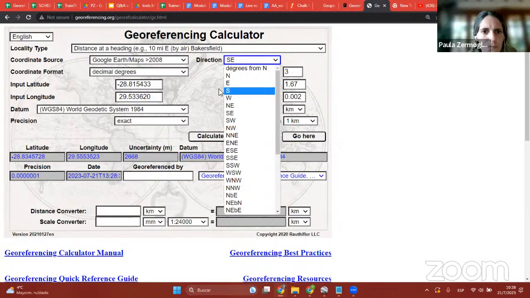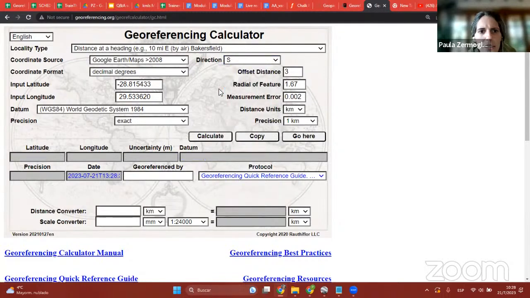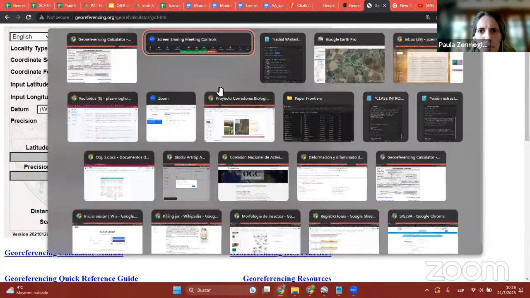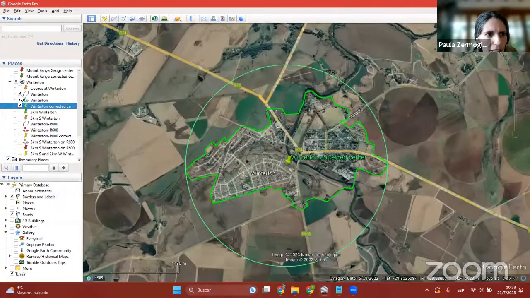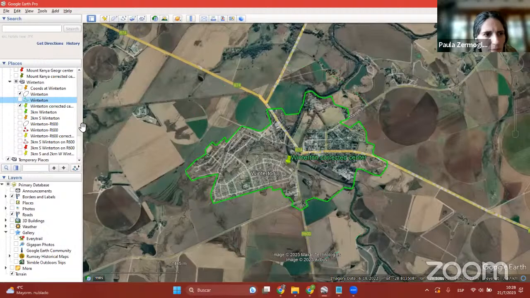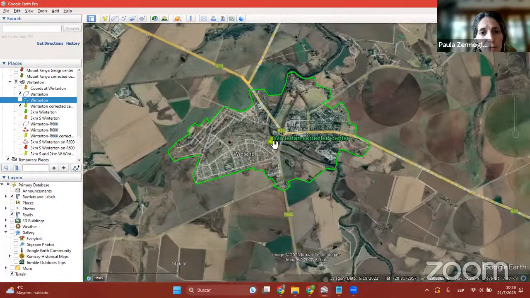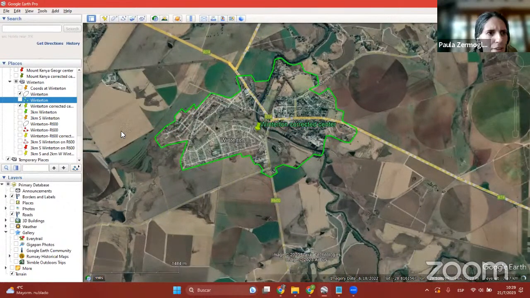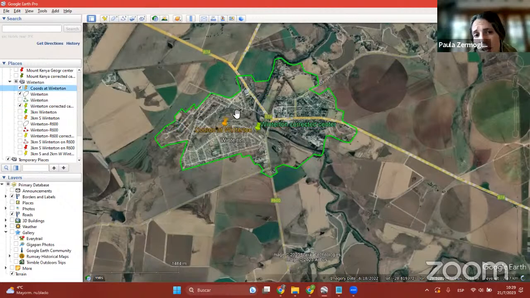So perfect. Okay, so just to look at it on the map, because I have the points to show you, I will get rid of the circle here. And we have, this is Winterton, the correct center for the feature only. The first one that we georeference were the coordinates given, which were some coordinates that fell in the town.